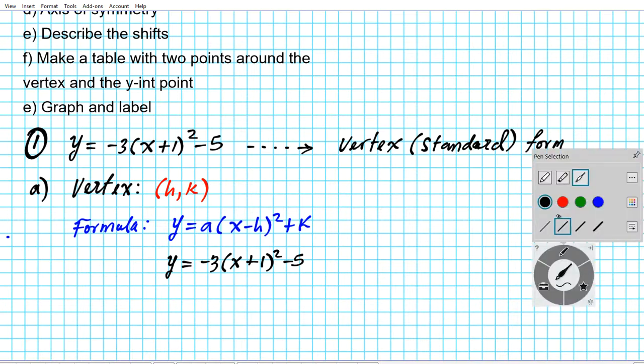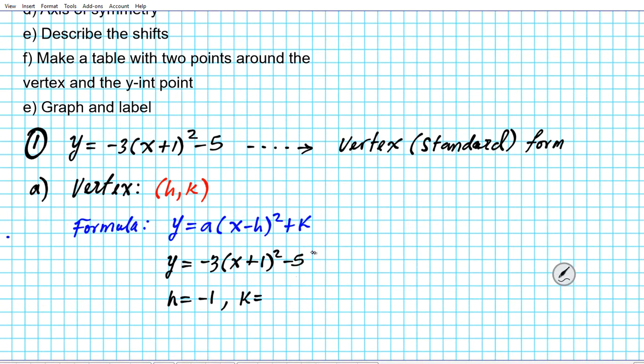So what is h and what is k? We can see that for h, this minus means we simply take the opposite. So h is going to be the opposite of positive 1, which is negative 1. And then k is going to be negative 5. So note for h, you do the opposite of the number grouped with the x.